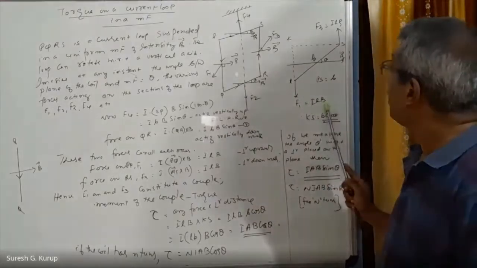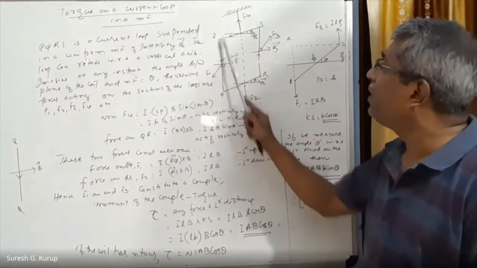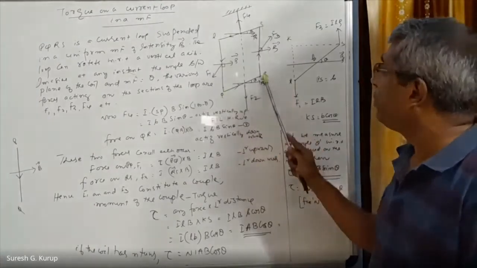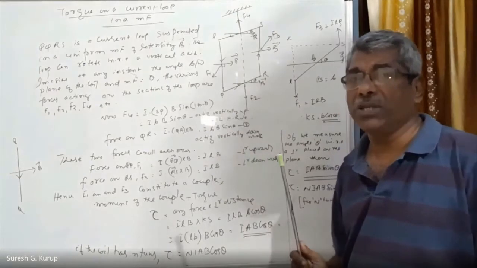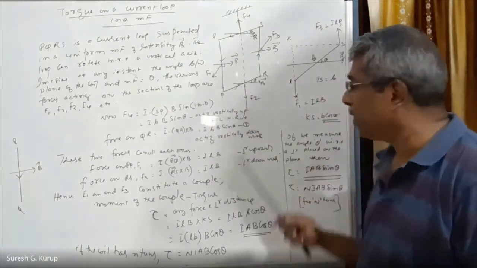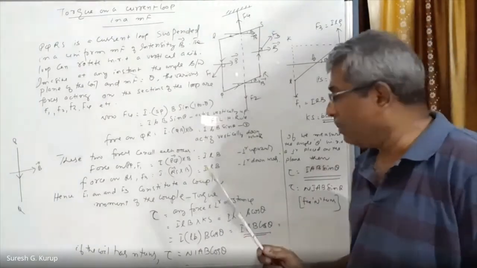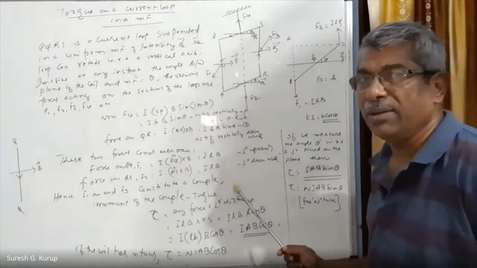F1 is equal to ILB, F3 is also equal to ILB. These two equal and opposite forces acting simultaneously will constitute a couple. So a couple is equal to what? Torque. The moment of the couple is equal to torque, right?